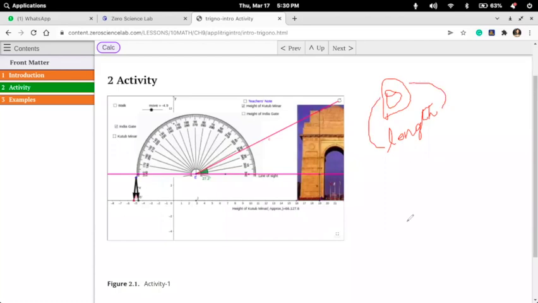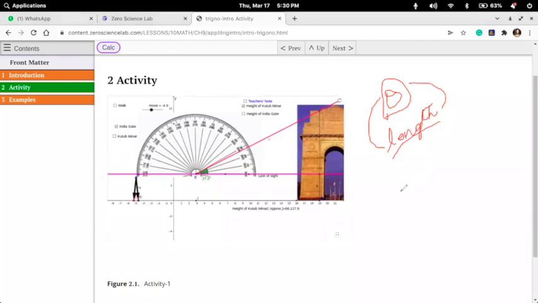This we already discussed, right? Can you remember where exactly we discussed the length and the angles? Circles, areas, everywhere. Do you remember?